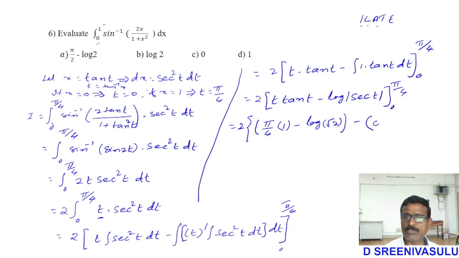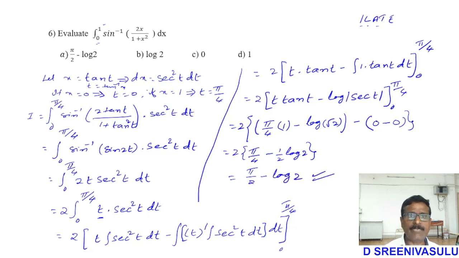T is equal to 0: 0 minus log secant 0, secant 0 is equal to 1, log 1 is equal to 0. This is 2 into pi by 4 minus log root 2. Log root 2 means log 2 to the power of 1 by 2, which is 1 by 2 log 2. So 2 into that gives pi by 2 minus log 2. This is the answer. Which option is correct? Option A is correct one.